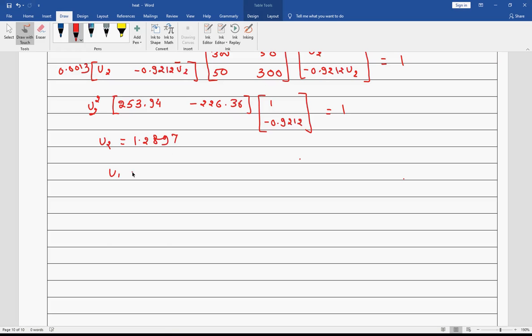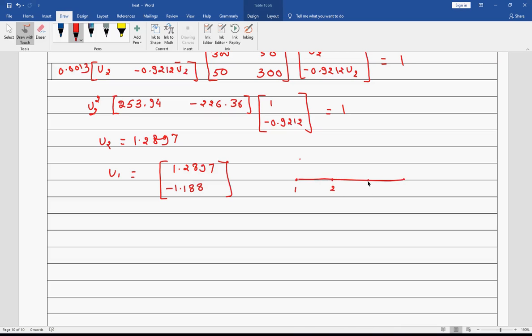So my U matrix goes like this: 1.2897, and of course 0.9212 of this is minus 1.188. And now I can have that value.